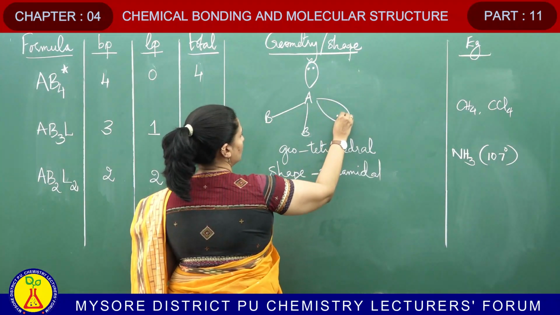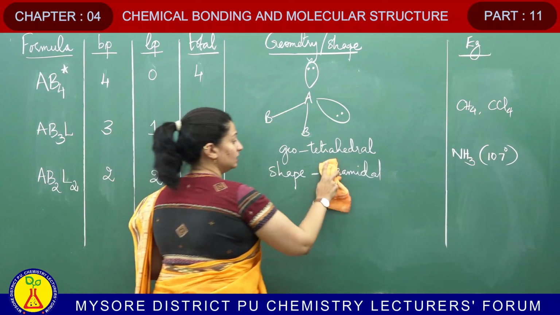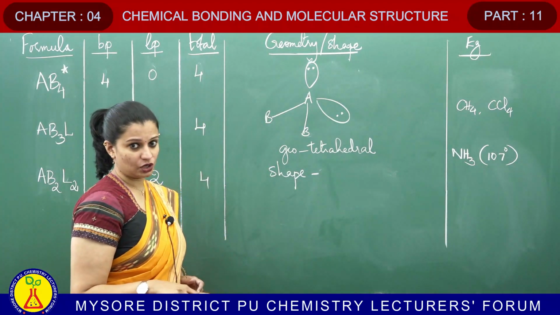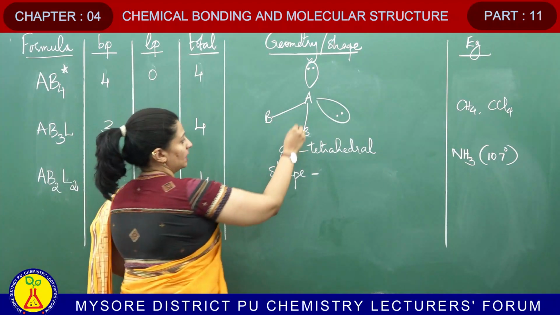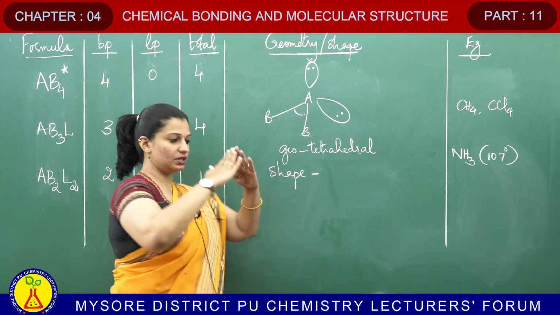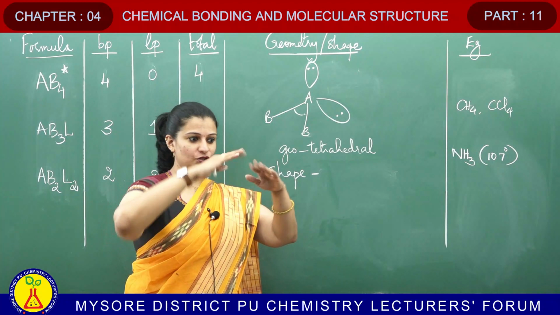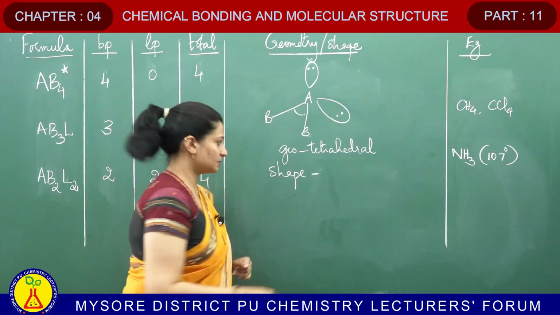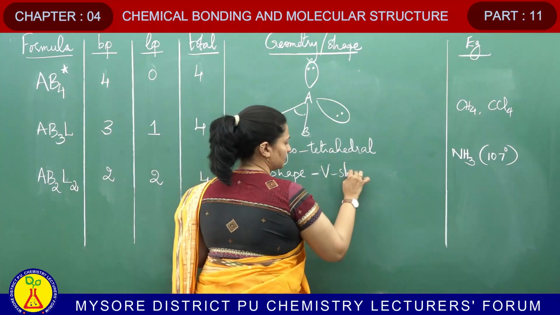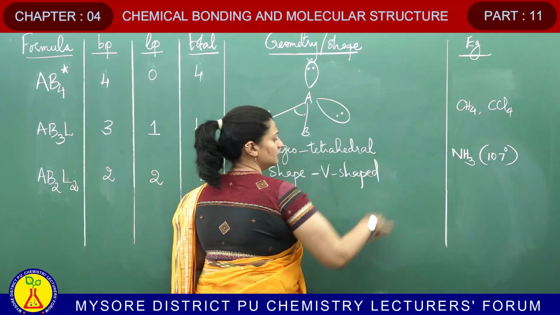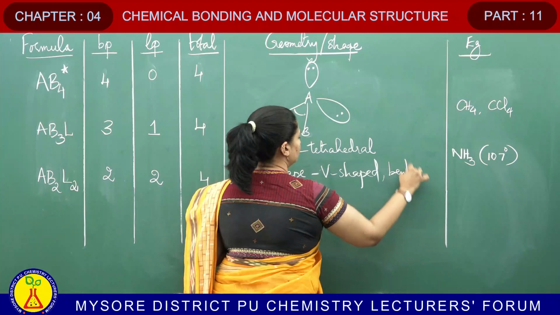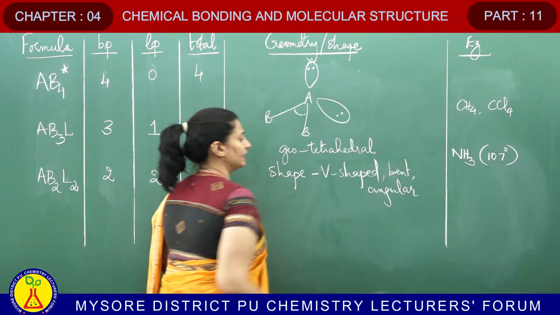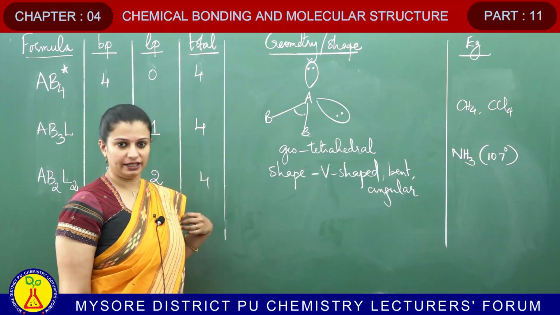When one more bond is being replaced by a lone pair, mind it, the geometry is still tetrahedral, but now the shape is only so much. You do not have a top atom, you do not have 3 atoms, you only have 2 atoms. We call it V-shaped. Of course, it is shaped like the letter V, correct? Or you can call it bent, or you can call it angular. So, V-shaped or bent or angular.